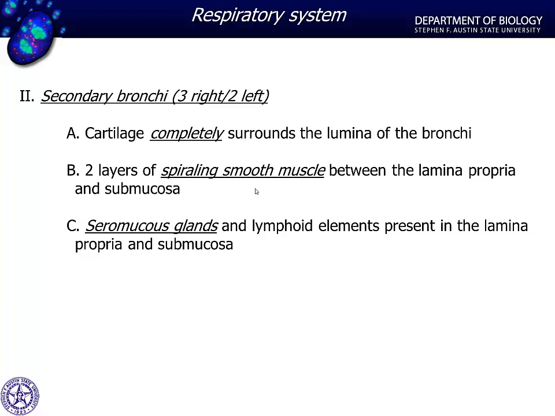And again, we're still going to have our seromucous glands and the diffuse lymphatic elements in the lamina propria and submucosa. So fairly similar to what we see histologically with our trachea and primary bronchi. The only way you could distinguish a primary bronchi from a secondary bronchi is one is outside of the lung tissue and one is within the lung tissue.